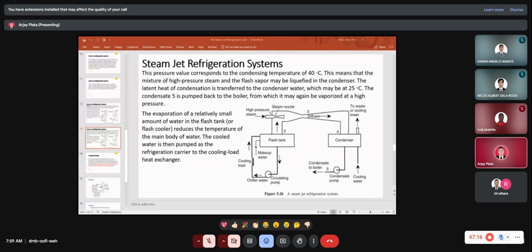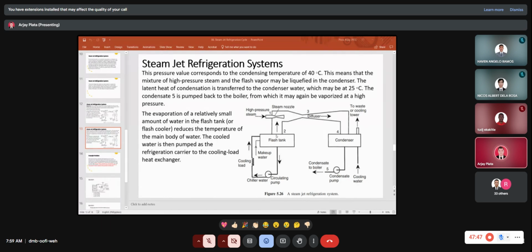So when the high pressure steam enters this steam jet ejector, it will expand, causing a pressure drop. So that pressure drop causes the boiling point of the water to be lower than its saturation pressure.